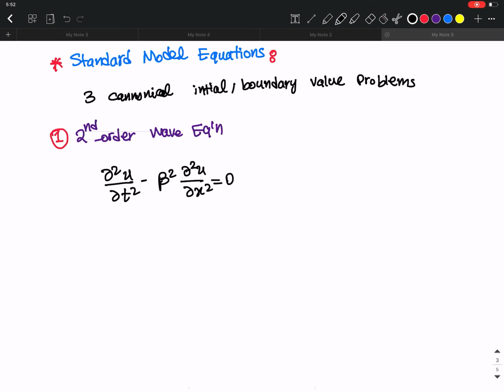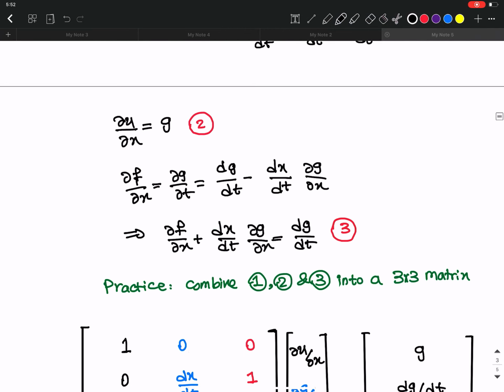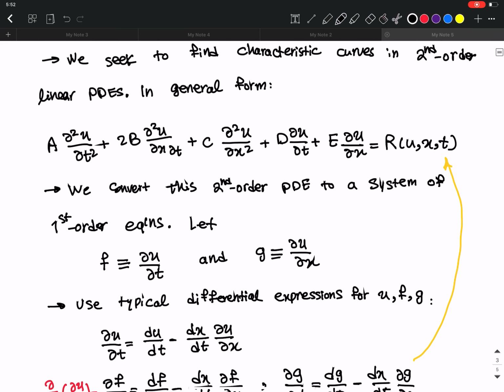Okay, so now let's see what these coefficients are for this problem. If you remember, this was our general second order PDE, and now we want to see what the coefficients are for each term: the first one is for t, the second one is xt, the third is x squared.